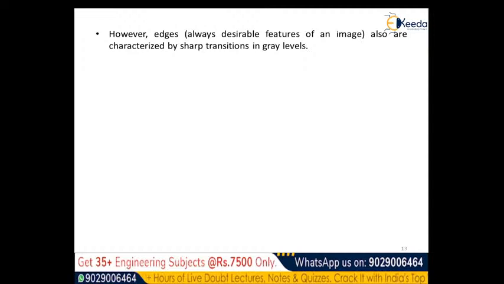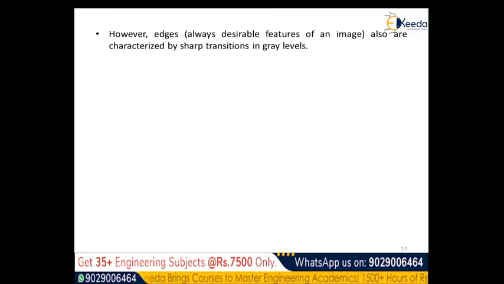So for example, for an 8-bit representation of the image, we have 256 gray levels here. When you select one value under 10 and another value after 100, there it is a sudden change here. So we have the sharp transitions of the gray levels.